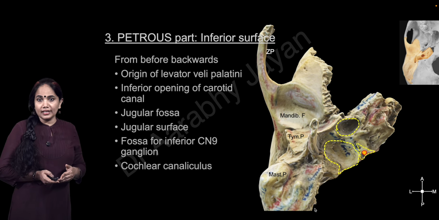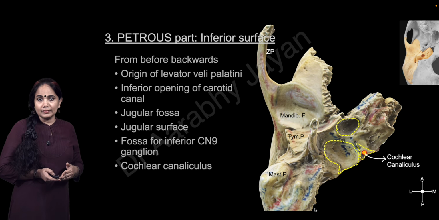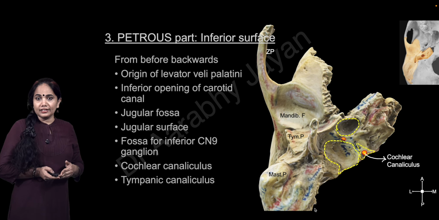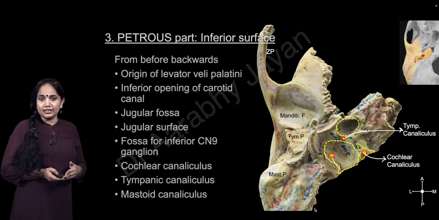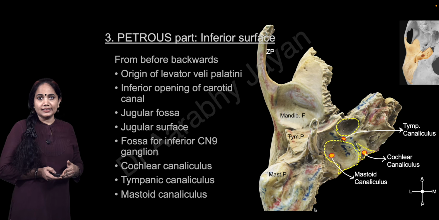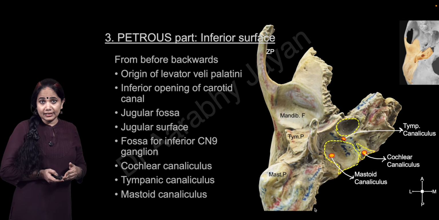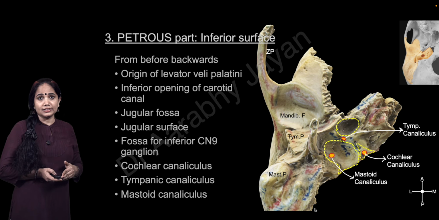We have the cochlear canaliculus here, and then the tympanic canaliculus, which is over here, and the mastoid canaliculus, which is over here. So these are the three canaliculi. The mastoid canaliculus allows for the passage of the Alderman's nerve, or the Arnold's nerve, which is a branch of the vagus.